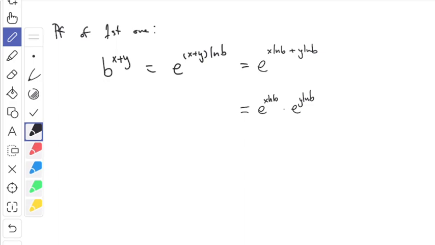Great. And then each of those is using the formula in the box again, which you can't see anymore. This is b to the x times b to the y. And that's what I wanted, right? We started with b to the x plus y, and we ended up with b to the x times b to the y, which is what we wanted to see at the end there.